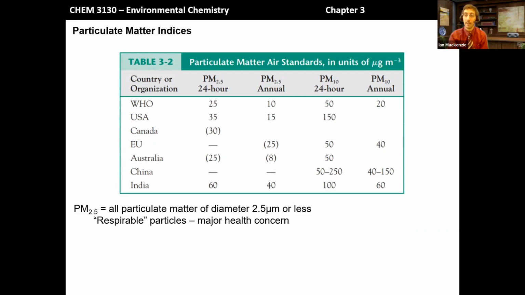PM10 is a slightly older standard, but is still used. There are slightly larger particles. Now most of the emphasis is being focused on PM 2.5, since the particles between 2.5 and 10 tend to get filtered out before they can penetrate deep into your lungs.